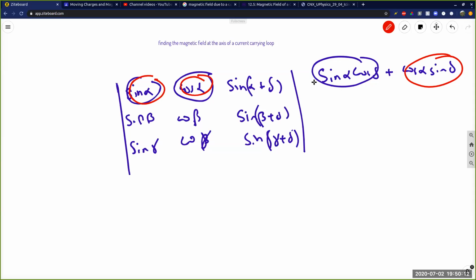In this, what you wrote is C3 arrow C3 minus cos delta times the first column, and minus sin delta times the second column. That actually makes it zero.